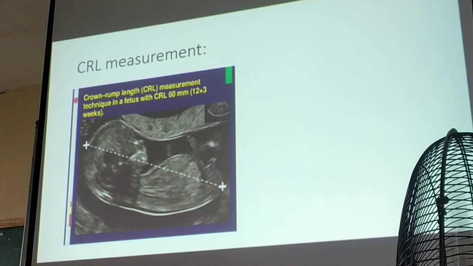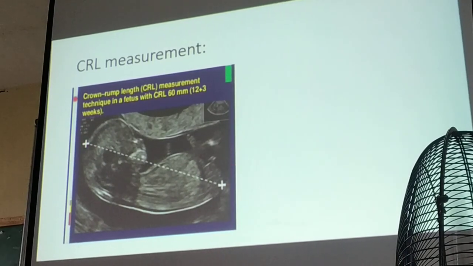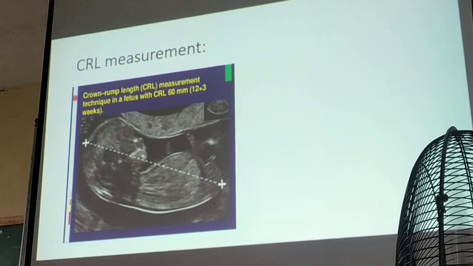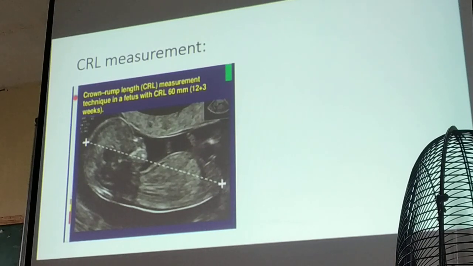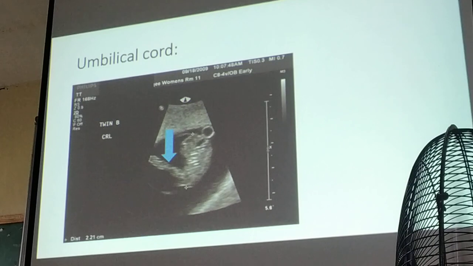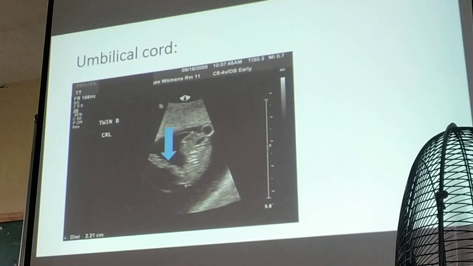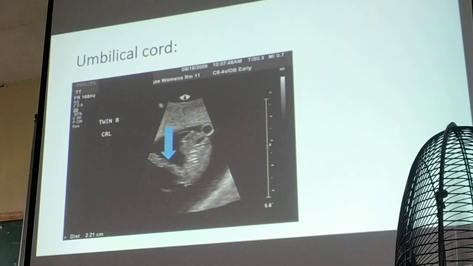So, an example of the measurement of your CRL, from the crown, from the head to the rump. Okay? Crown, rump, length measurement. And then, as I've said, that is your cord. Okay?